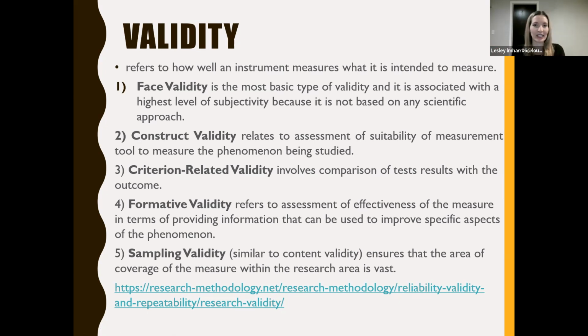Construct validity relates to an assessment of suitability of the measurements to measure the phenomenon being studied. So if you look at some of the major theoretical domains of stigma, you want to make sure that they are all included in the measurement to make sure it has construct validity. Criterion-related validity involves comparison of test results with the outcome.